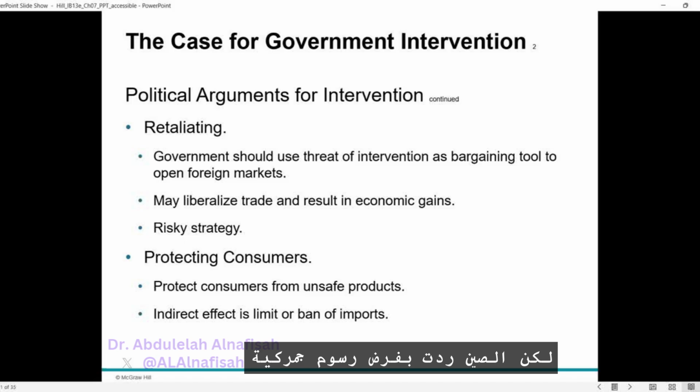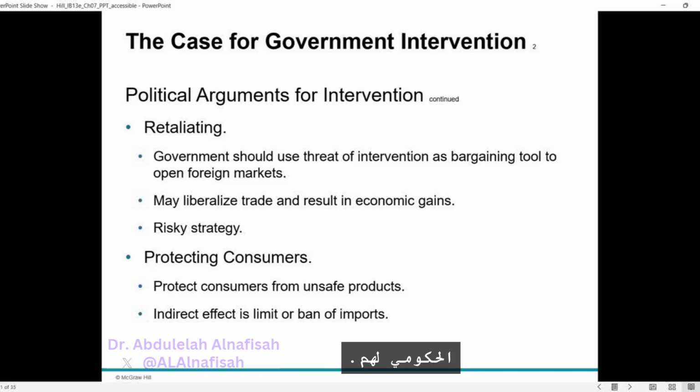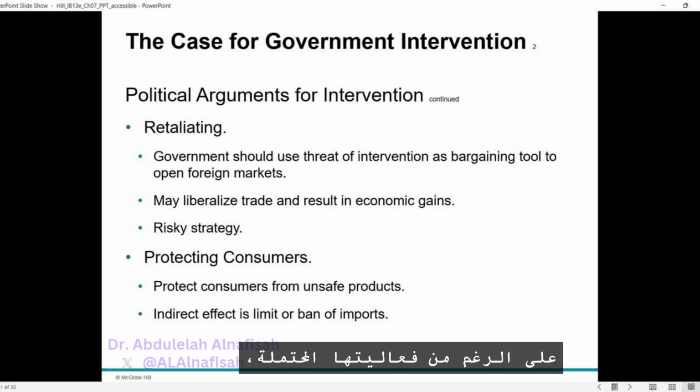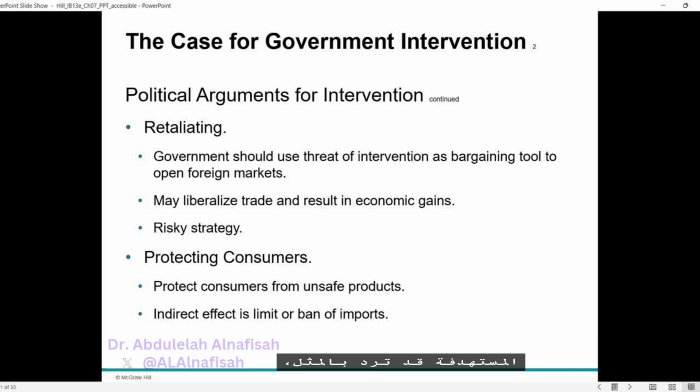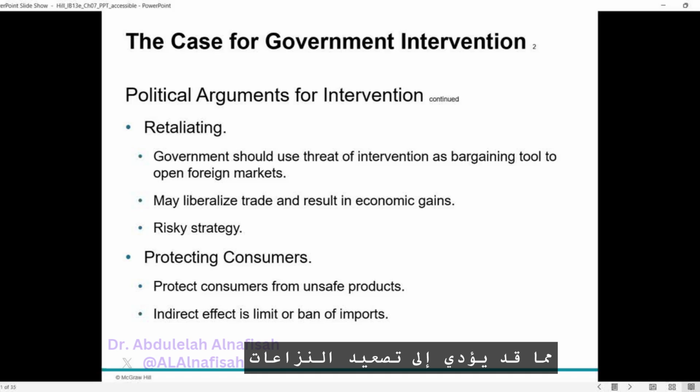However, China retaliated by placing tariffs on U.S. farm products, severely impacting American farmers and leading to increased government subsidies for them. This strategy, while potentially effective, is risky because targeted countries may retaliate, escalating trade conflicts rather than resolving them.